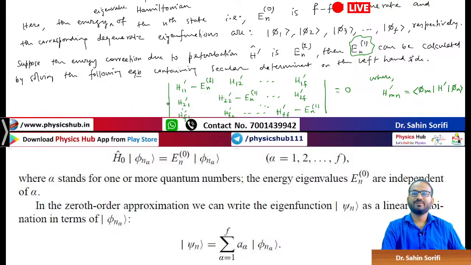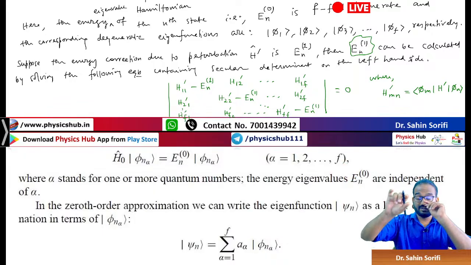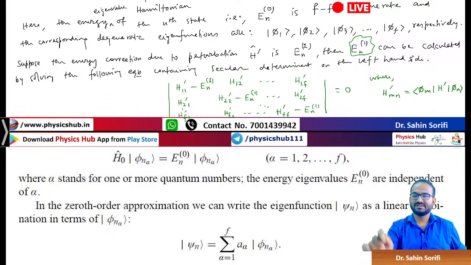So obviously, how many different values of En1 will you get? It will be the eigenvalues of this, right? And if it is an f by f matrix, you will get f eigenvalues. Now, if all the f eigenvalues are distinct, then you will get f different levels having different energy.